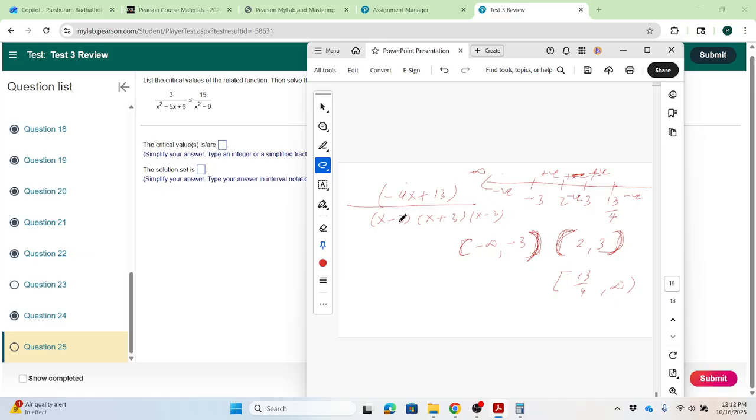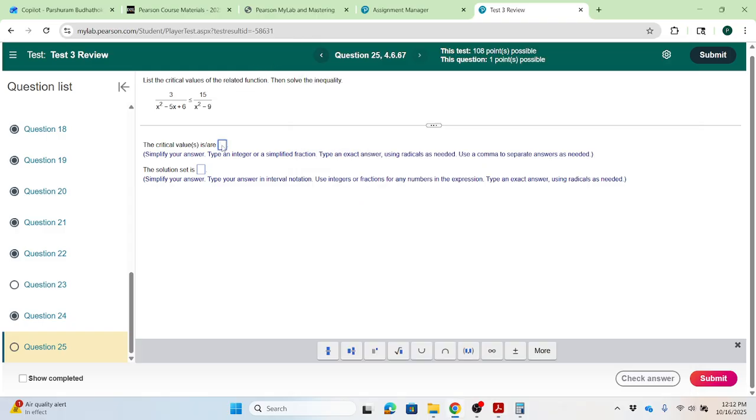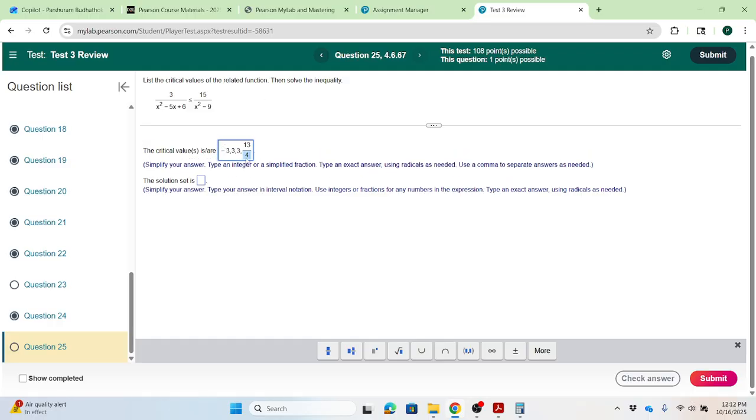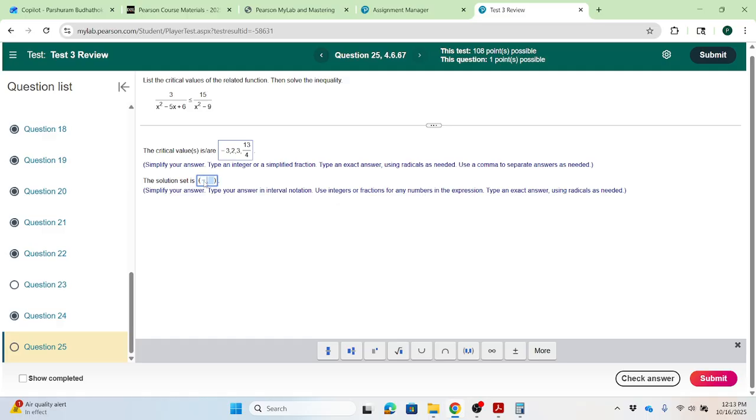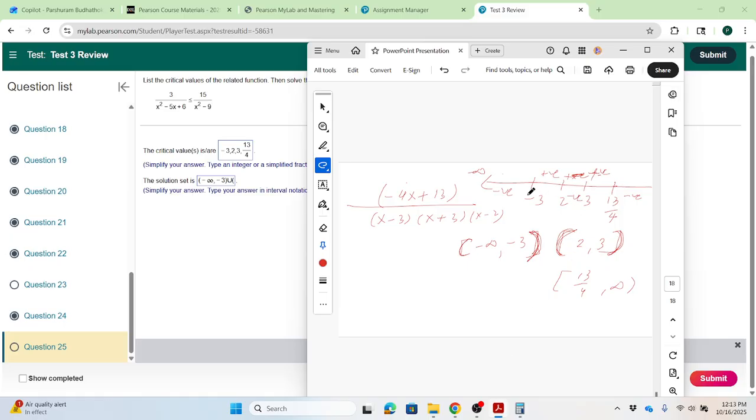So what are the critical values? Negative 3, positive 2, positive 3, and 13 over 4. So the solution set is negative infinity to negative 3, union, and we're looking for the negative part, from 2 to 3.